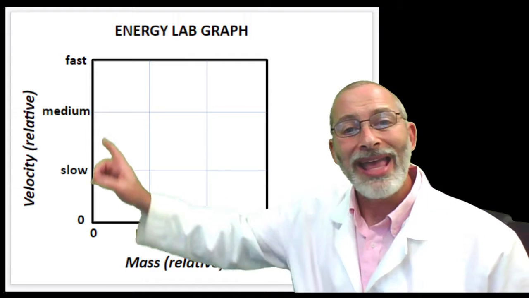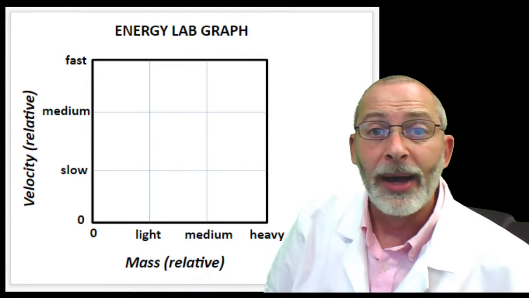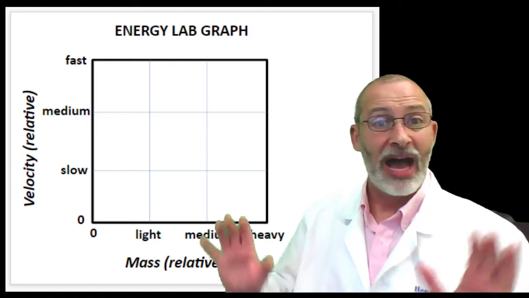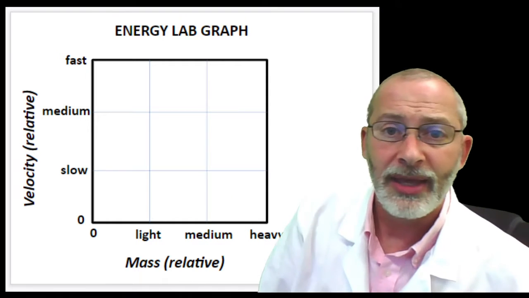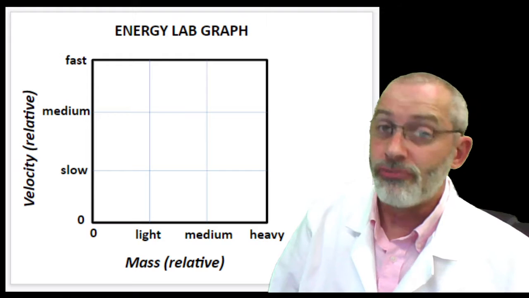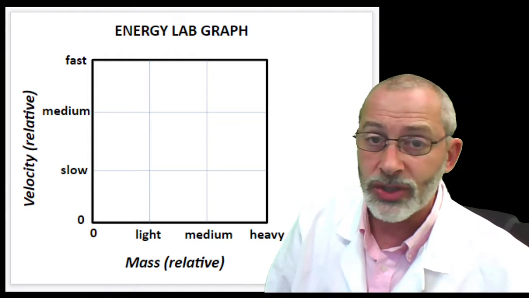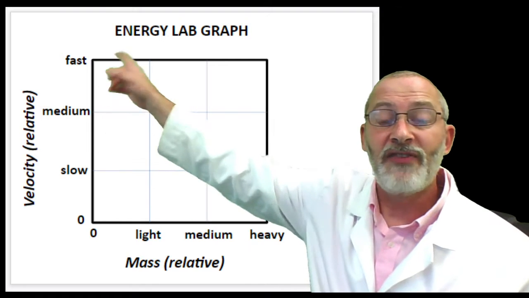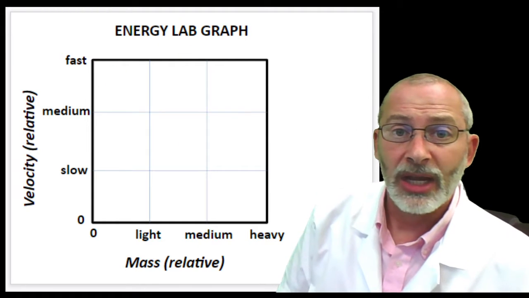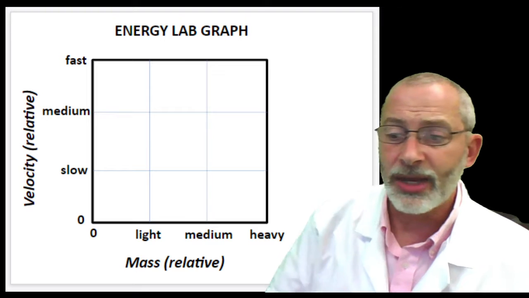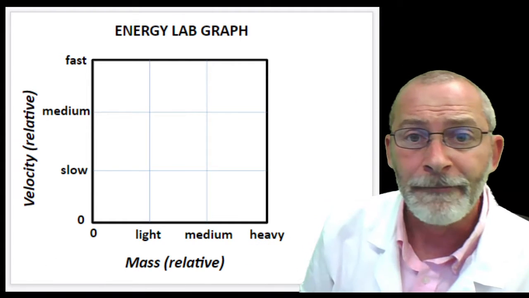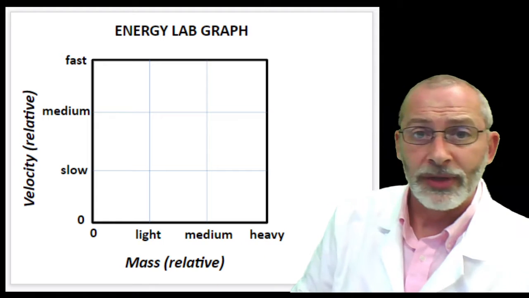And over on the y-axis, we're going to be plotting the relative velocities, not with numbers in this first activity, but rather relative words that we can just observe: slow, medium, and fast. So take a moment to label your x-axis and your y-axis in the manner I have indicated here, and perhaps you're already done with it, so we can get started.